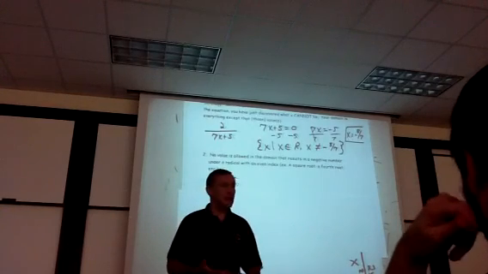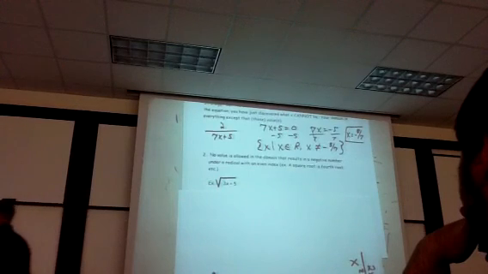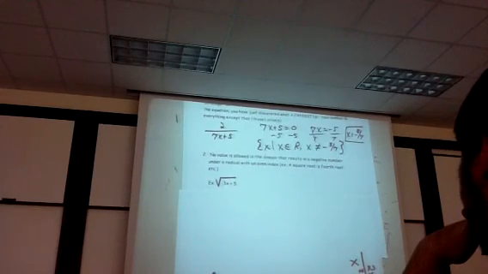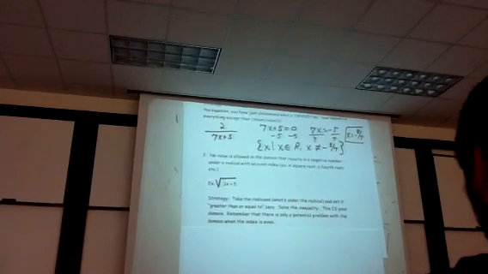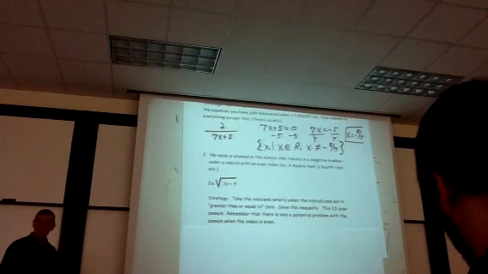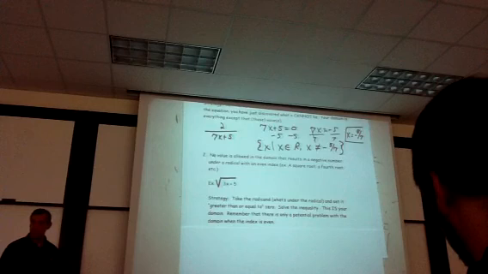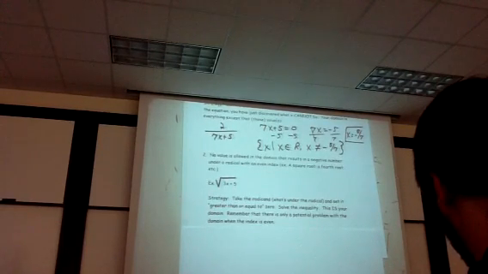So I need to know what values make this problematic. Here's my strategy. Take the radicand, that's the thing under the radical, in this case, 3x plus 5, and set it greater than or equal to 0.